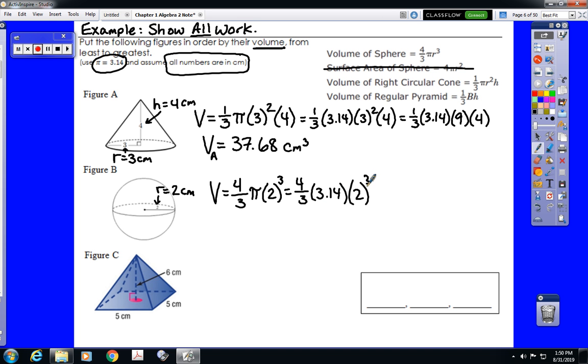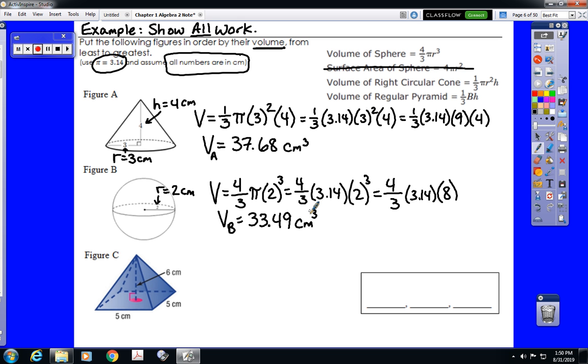Then we're going to carry out order of operations, which means we're going to start with the exponent. That gives us 4/3 times 3.14 times 8. And then we're going to feed that to our calculator to carry out the multiplication. So 4/3 times 3.14 times 8 is 33.493 repeating, so we'll go ahead and round that off, centimeters cubed.